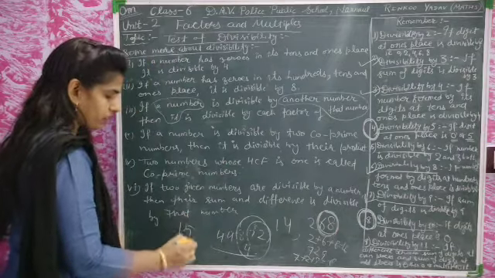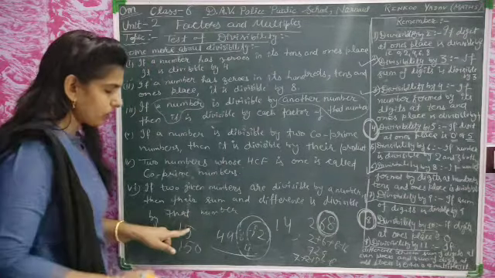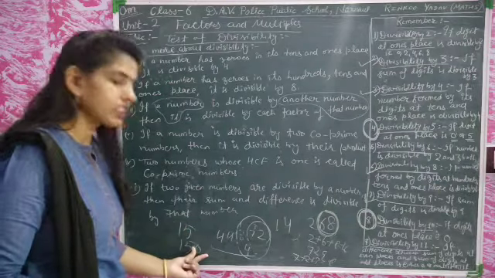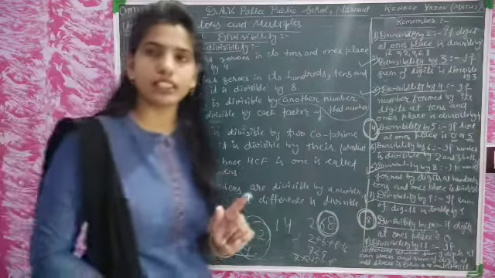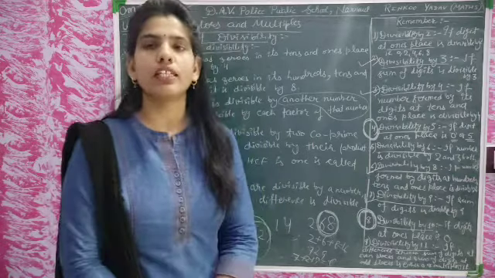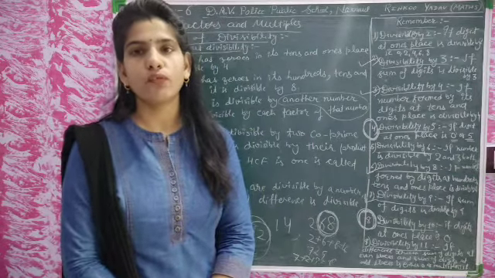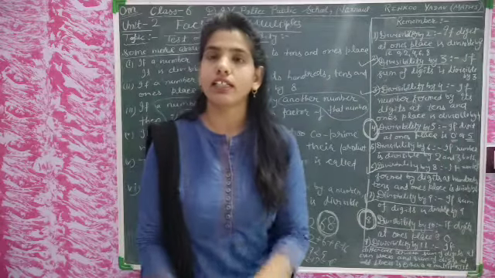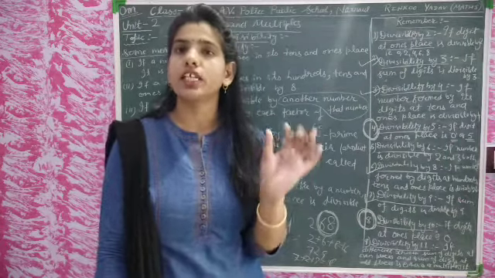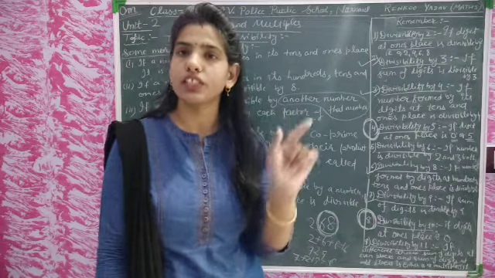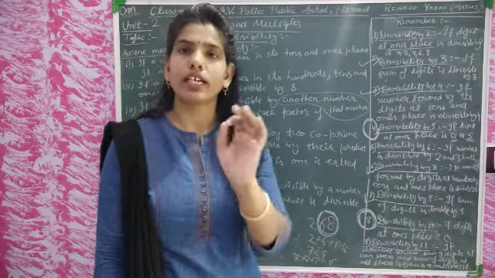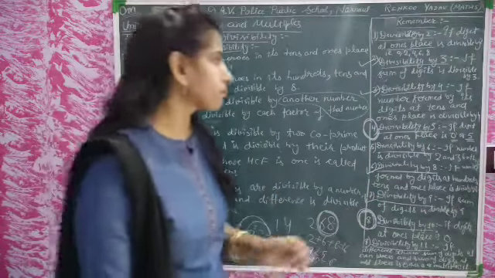That is 15, 150. All these numbers are divisible by 5 because their ones place digit is either 0 or 5. And divisibility by 10 says that if the ones place digit is only 0, then the number is divisible by 10.